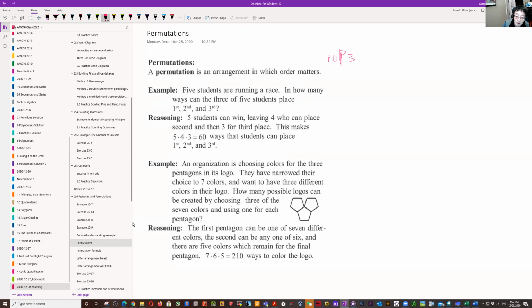10 permute 3 means, for example, if you have 10 candidates for 3 different positions, such as president, vice president, and treasurer, then for the first person to fill president, we have 10 ways, for vice president we have 9, and then 8. So it's like a partial factorial.